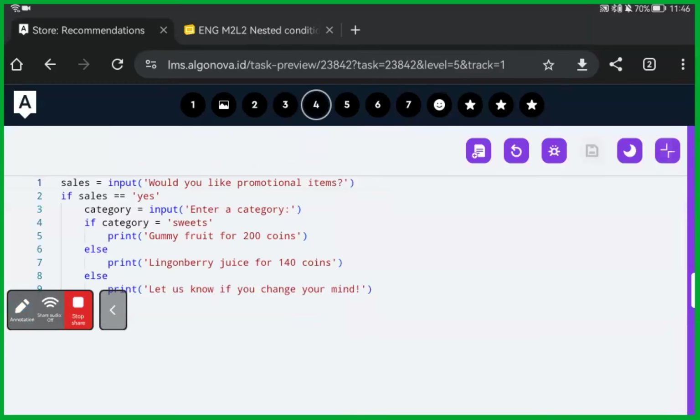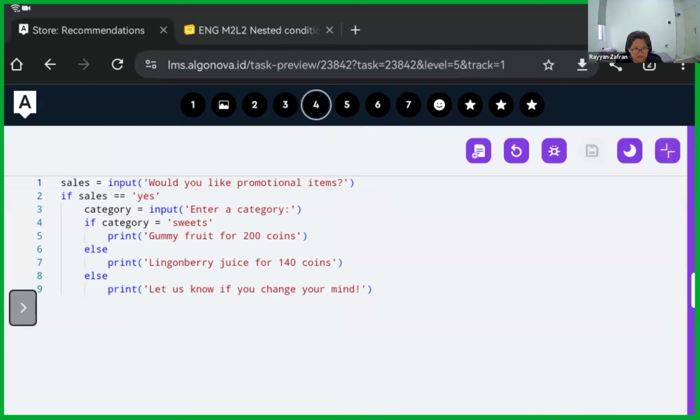Okay, now after you already get the requirements, let's see the code itself. Do you see any mistake in here? I think before the second else, there's supposed to be something else. Or after. Can you tell me which line that is? The four, the five, the six? Maybe 7 was supposed to be if category equals, what was the question again? Can you tell me which line has a mistake?